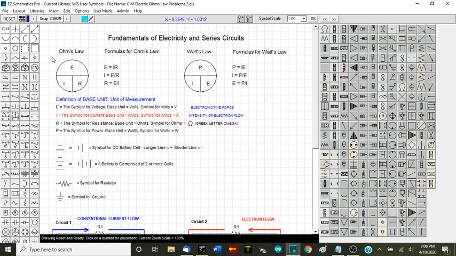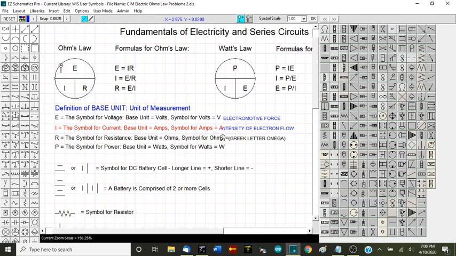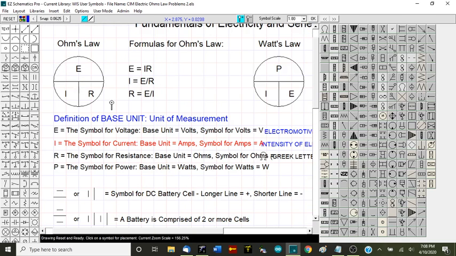First, we'll deal with Ohm's law. And with Ohm's law, we have this pie chart, EIR. And if you can remember ear, then you'll always get it right.